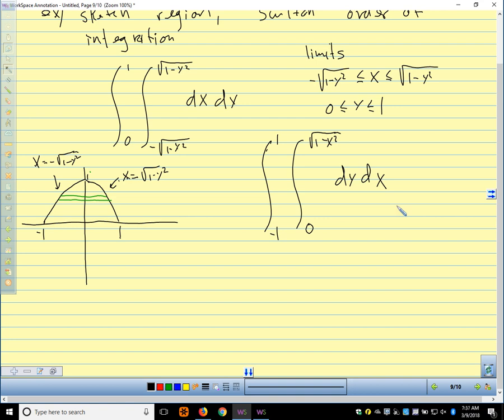They don't just switch when you switch the order. So for the vertical rectangles, this would be our area of that region, and we could evaluate both integrals and come up with the same thing.